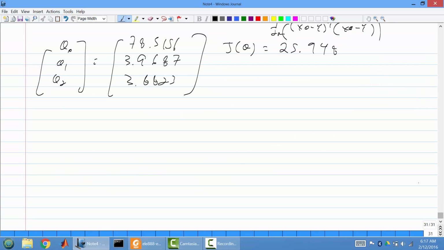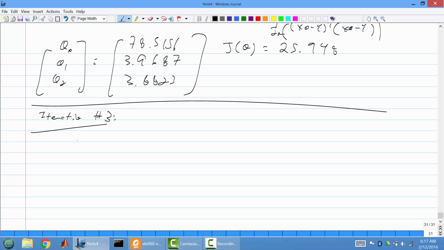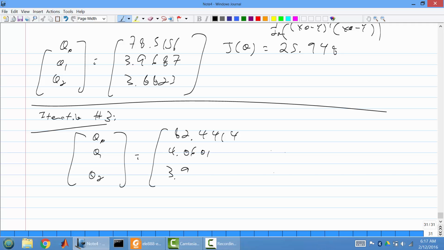And then finally, the last iteration, you can do that on your own. This is 82.4414, 4.0601, 3.9306.